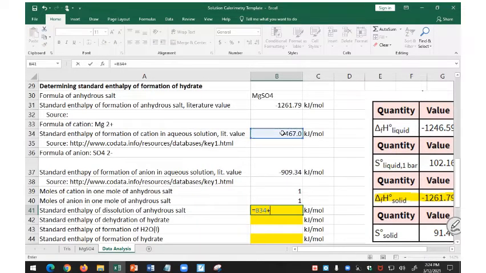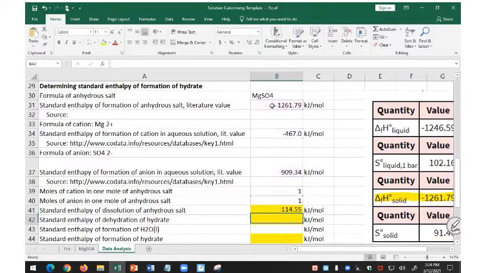Magnesium ion times 1, right? Times 1 mole of cation plus 1 mole of anion, the value for the anion times 1 mole of the anion, minus the value for the anhydrous salt itself times 1. Okay, and this would be your delta H of dissolution of the anhydrous salt.